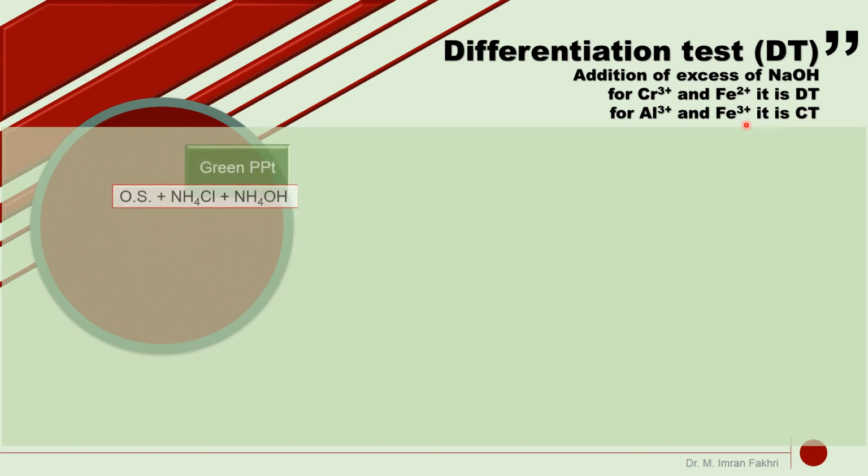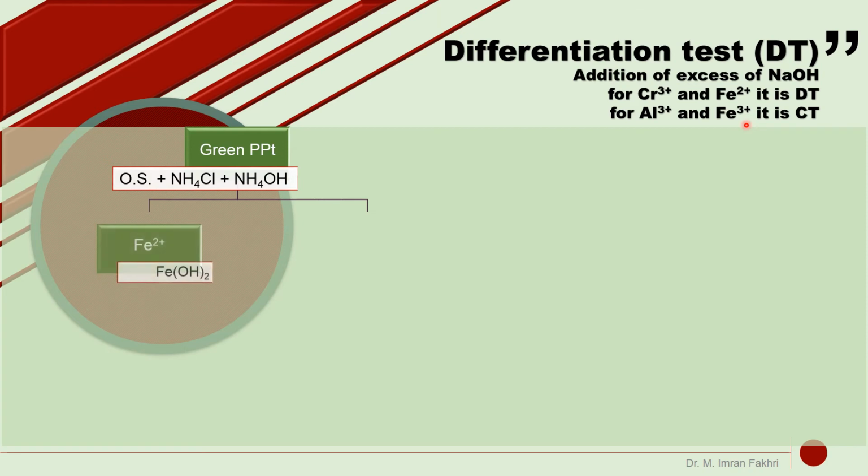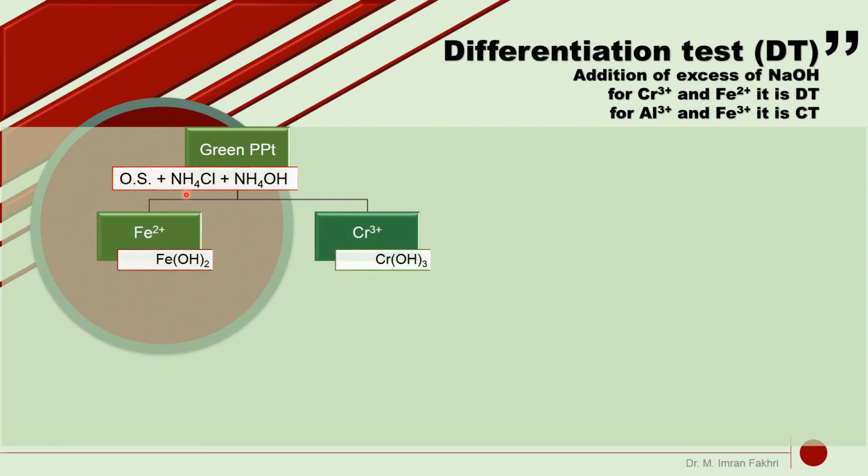We have seen that by the addition of ammonium chloride and ammonium hydroxide to the original solution, green precipitate was obtained, and we were in doubt whether Fe2 positive ion or chromium 3 positive ion may be present, because these two ions show green precipitates in the form of Fe(OH)2, ferrous hydroxide, and chromium hydroxide. These two are green precipitates.